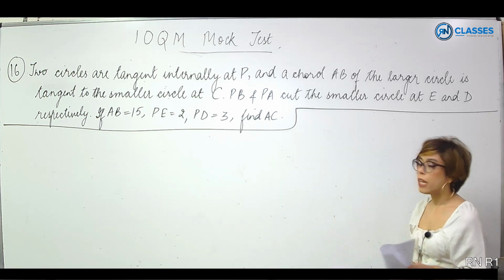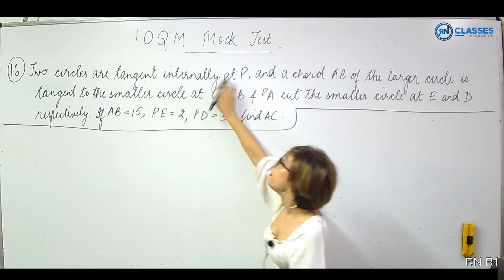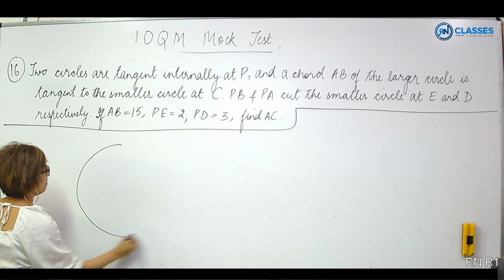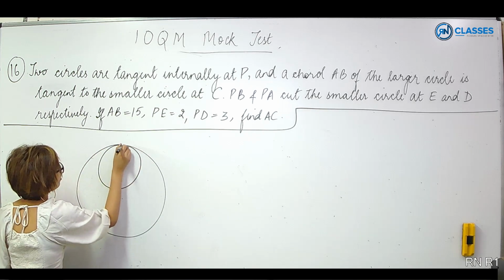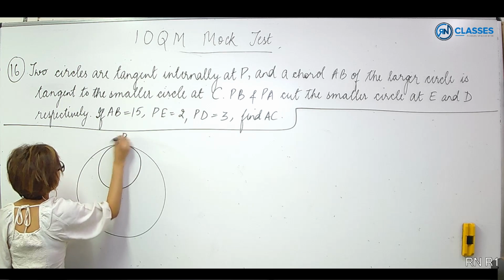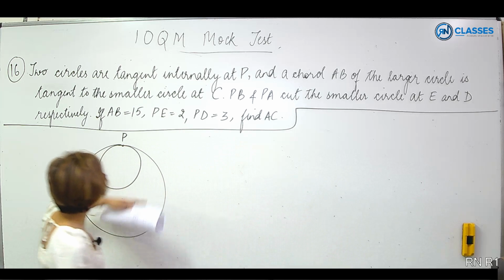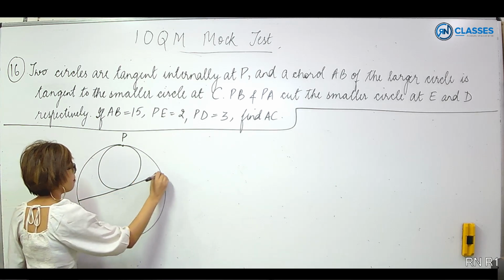Alright, moving on to the next question. Now he says two circles are tangent internally at P. The two circles, big circle and small circle, are tangent at P. And the chord AB of the larger circle, suppose my chord is something like this.